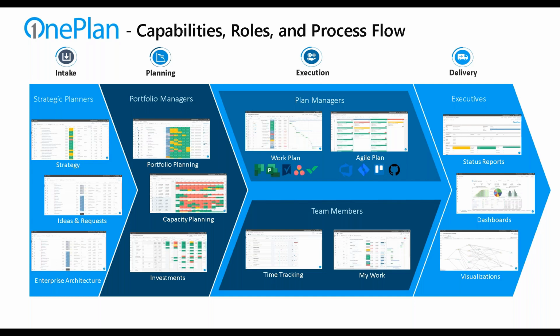But it does start with ideation and having that idea go through a life cycle itself before it becomes part of a delivery portfolio and becomes part of planning for delivery, part of the resources, part of the funding. So you're going to have to start with ideation, and we cover that capability through our request portal, and also the definition of the strategy through an OKR section. We're putting strategy here again just to simplify the slide, but the definition of the strategy also comes into play.